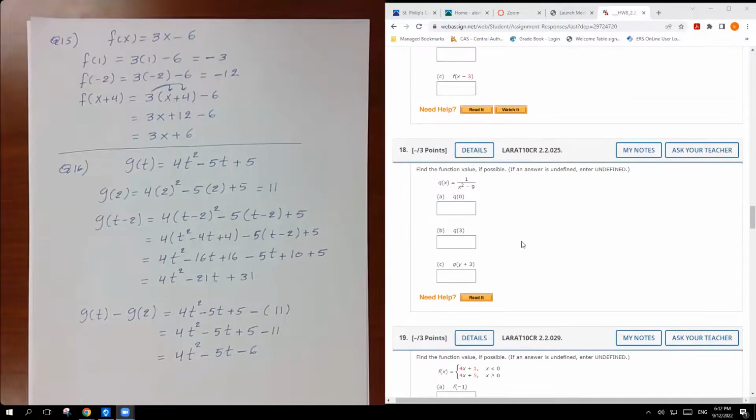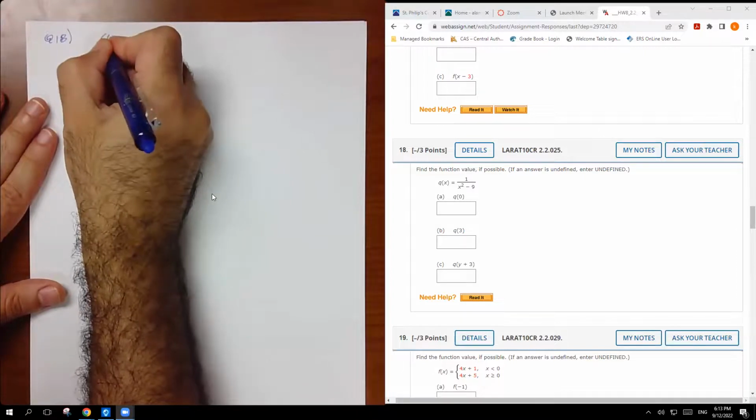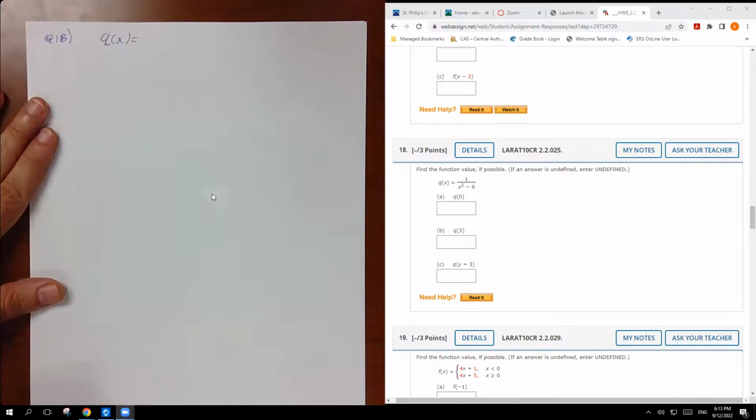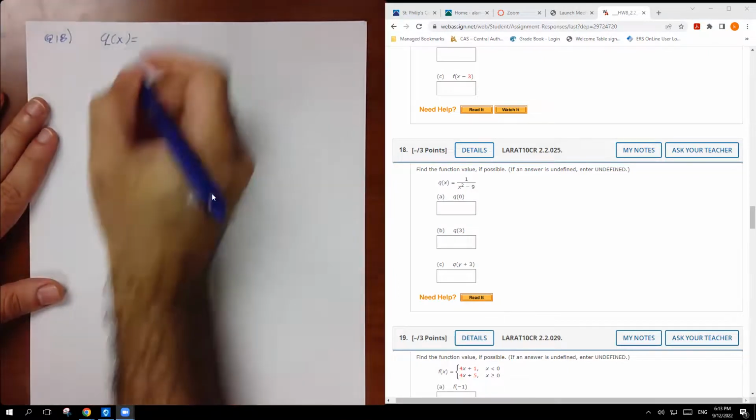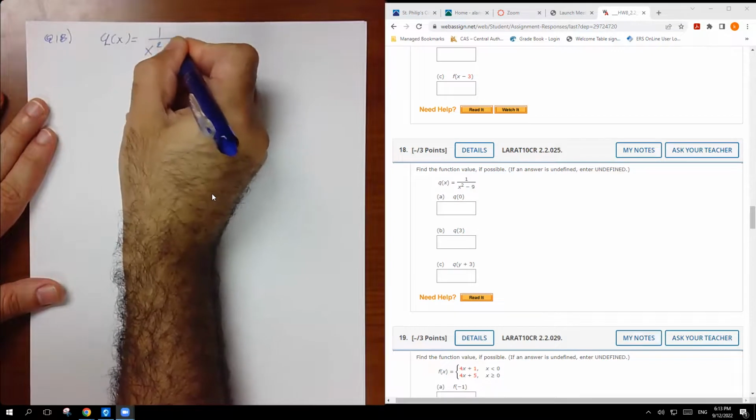And for example 18, you have a quotient, q of x equals 1 over x squared minus 9. Let's check how we're going to solve this one. So question 18, we have q of x equal to 1 over x squared minus 9.